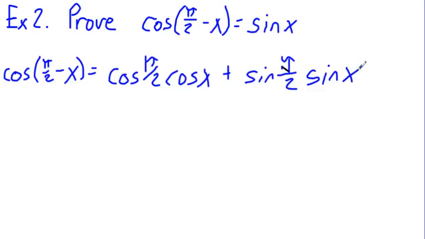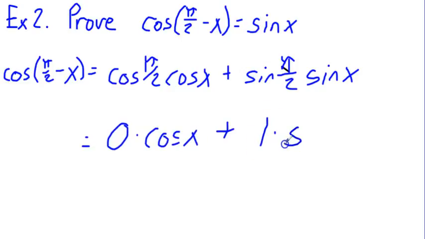Again, we're going to use our unit circle and simplify some of these. The cosine of pi over 2 is 0 times the cosine of x plus the sine of pi over 2 is 1 times sine x. Well, we know 0 times anything is just 0 and 1 times anything is just itself, so this simplifies down to sine of x.